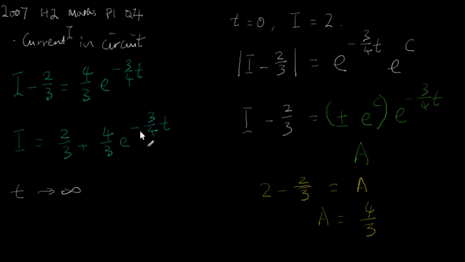Right, since this e has a negative power, when t goes to infinity, e to the power minus t must go to 0. Okay, so that whole thing becomes 0, this term becomes 0, and we're left with 2/3. So that's the answer. When t goes to infinity, I goes to 2/3. That's it. That's the answer to the question.